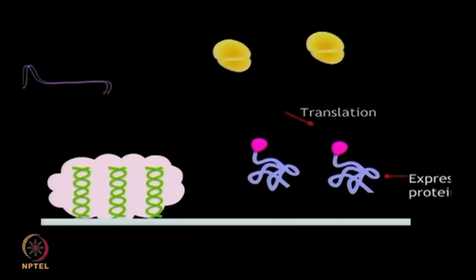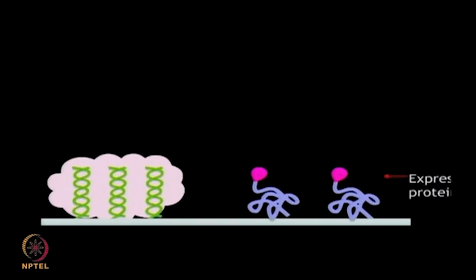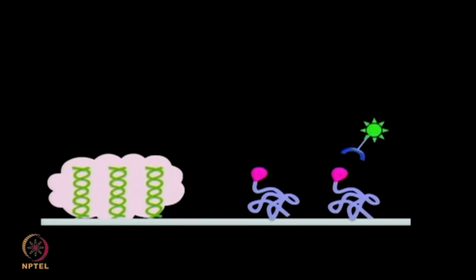The protein expressed from the template DNA binds to the array surface by means of non-specific interactions, which is one of the drawbacks of this procedure. A detection antibody specific to the protein of interest is added, which indicates the protein expression levels by using a suitable fluorophore.